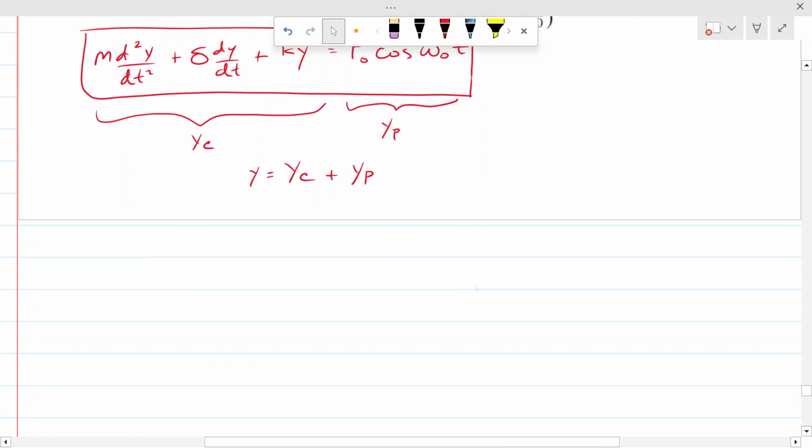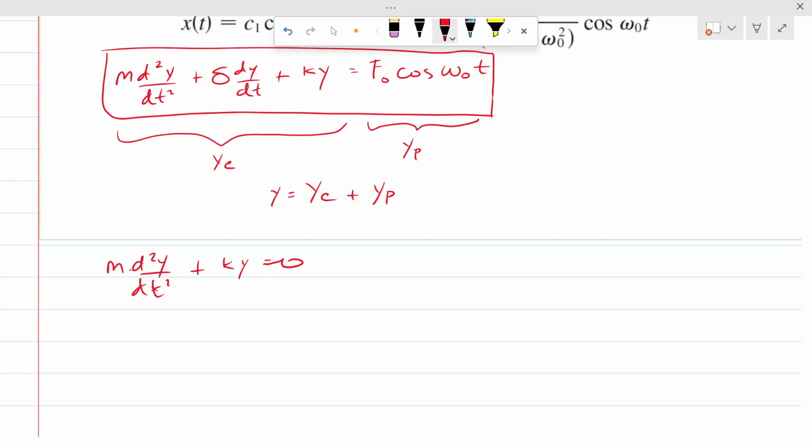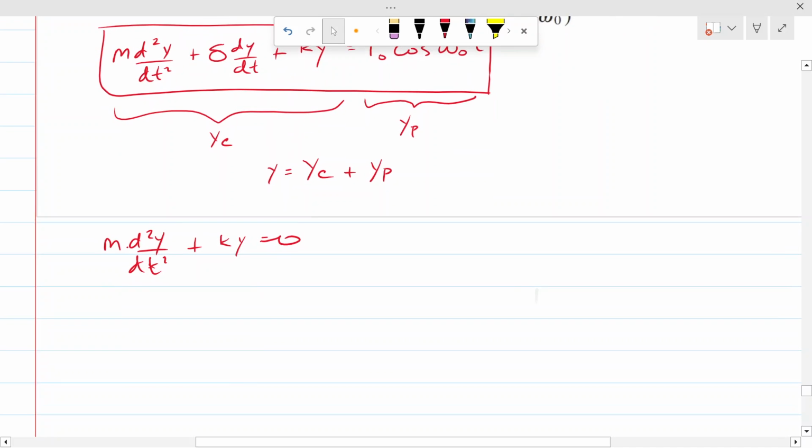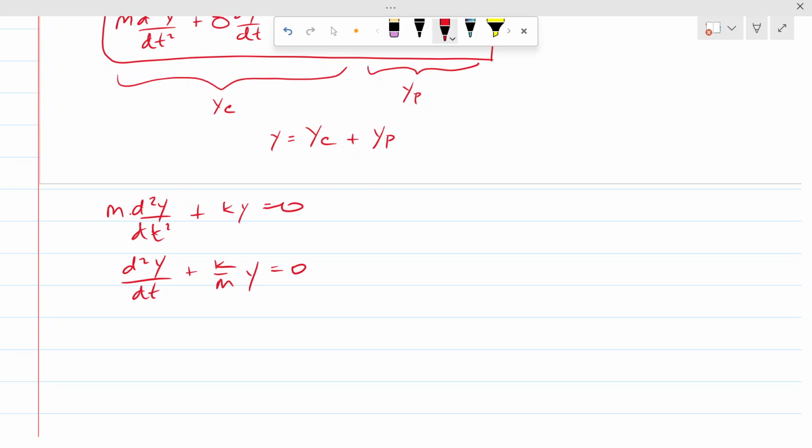As mentioned, the friction is negligible, so we are only dealing with m times acceleration plus ky equals 0. We ignore the terms on the right hand side. If we divide both sides by m, we get d square y dt square plus k over m times y equals 0.